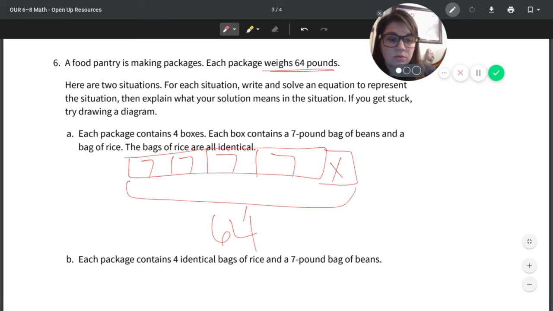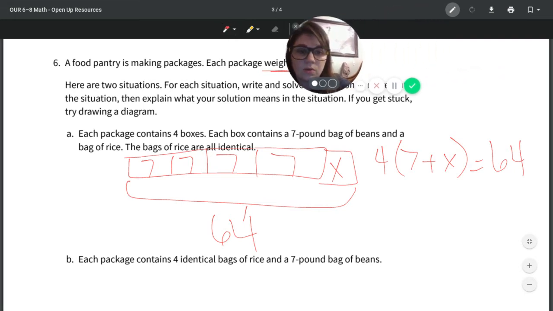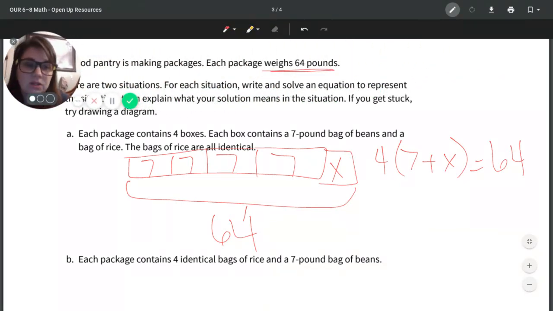So if we were to turn it into an equation, we've got 4 times 7 plus x is equal to 64. Now, you need to recall we had done some problems where you needed to distinguish which way you needed to write your equation.